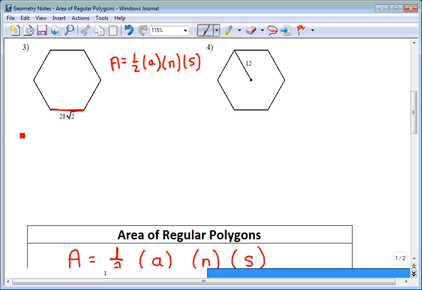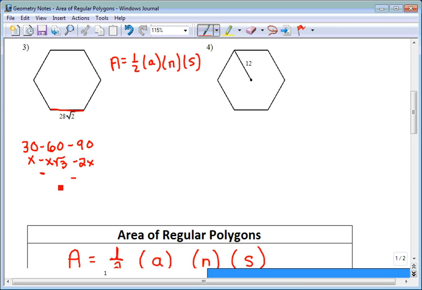We know that when we're dealing with regular hexagons, we are going to be using our 30, 60, 90 triangles. We know our format for 30, 60, 90 is x, x radical 3, 2x.